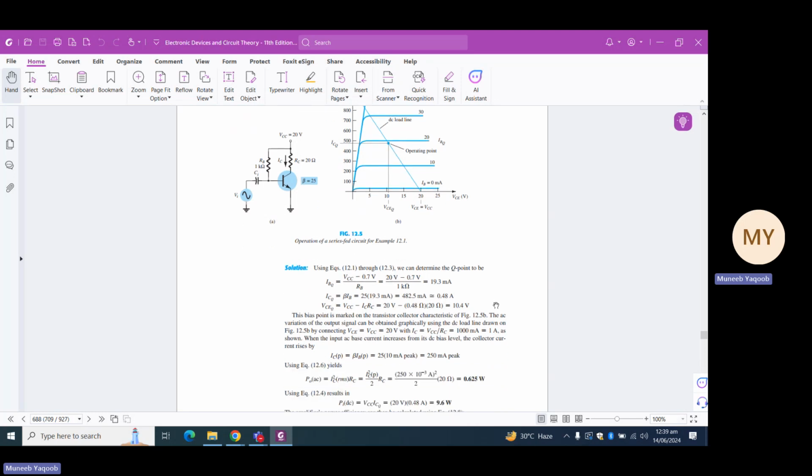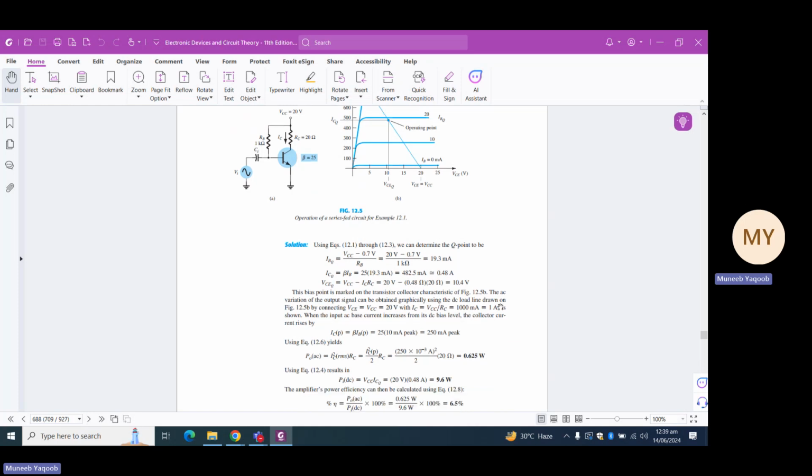So using these facts, we calculated the AC power as IC square RMS into RC, and we got it as 0.625 watt. Similarly, for PDC, we wrote it as VCC into ICQ. So VCC was 20, ICQ was 0.48, and hence we got 9.6 watt.